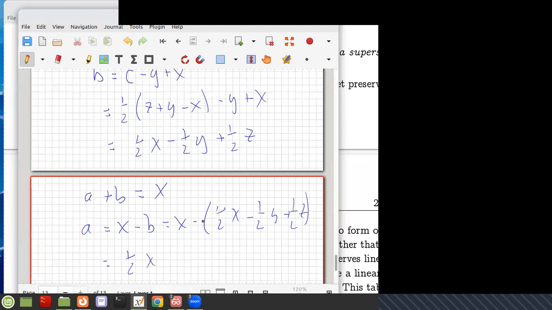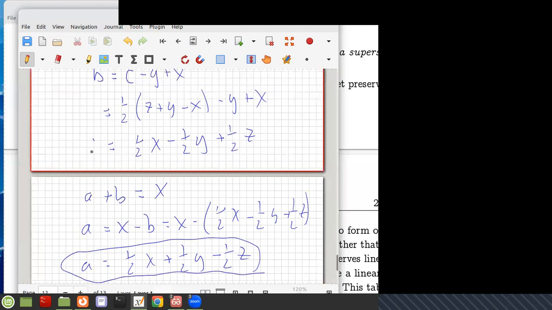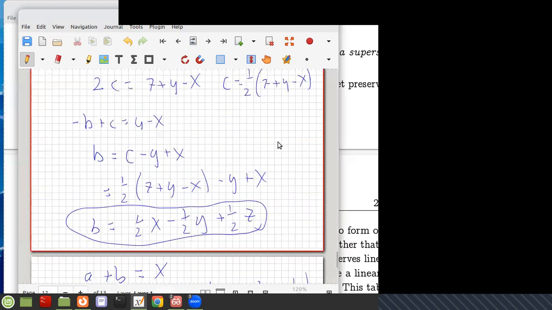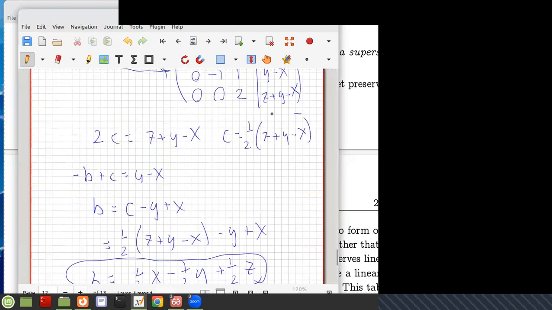Let's see, x. Yes, I've done that. So this minus sign plus 1/2 y minus 1/2 z. So I have a solution for A, a solution for B, and a solution for C.